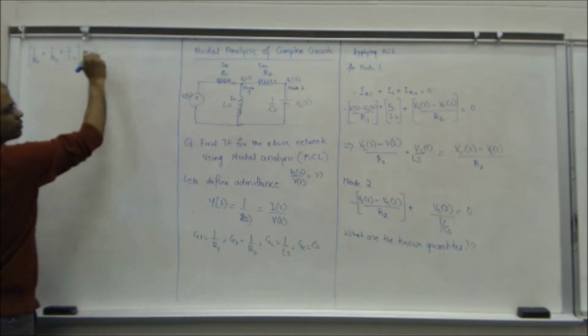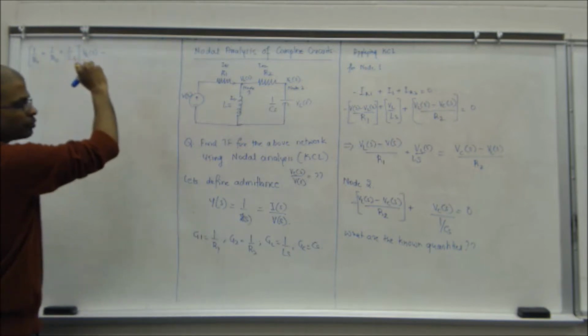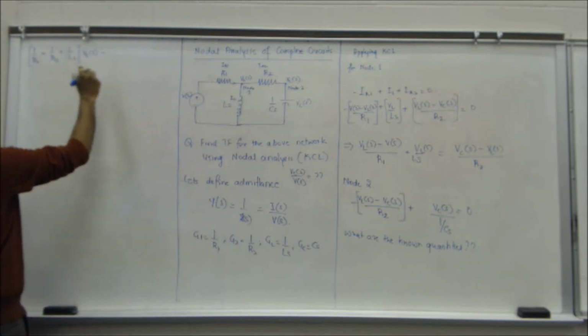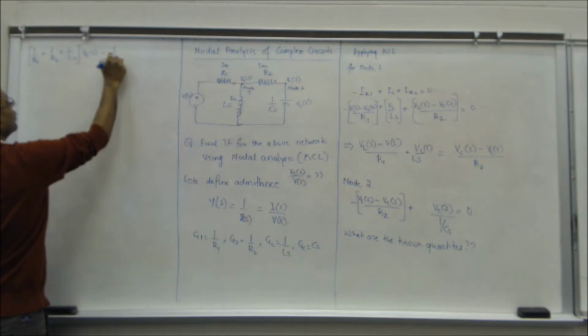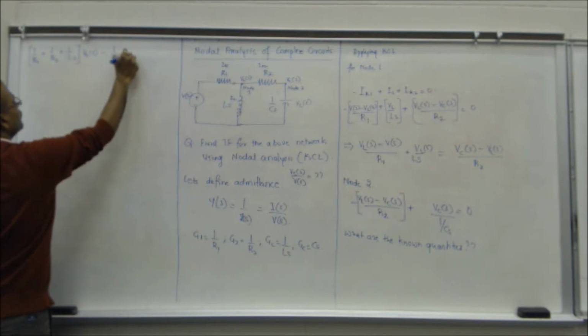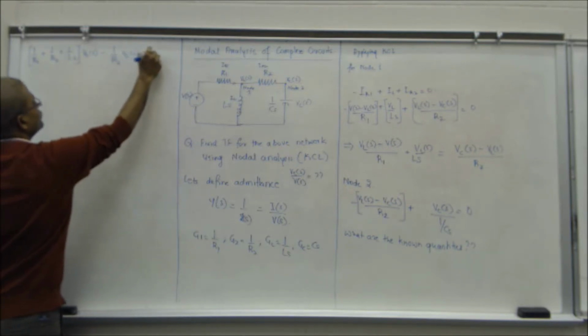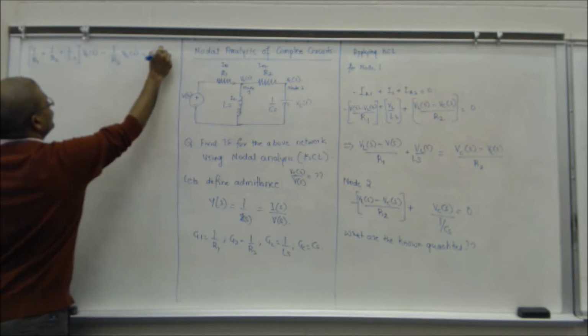Minus 1 over R2 VC of S is equal to V of S.